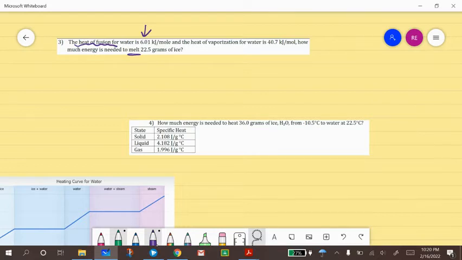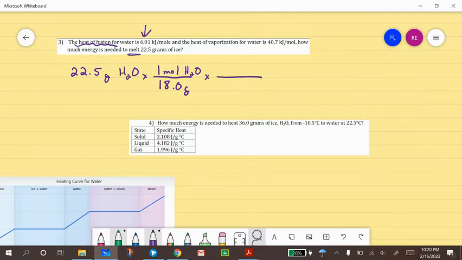Same thing, start with your mass and convert it to moles. So 22.5 grams of water, ice at this point, and the molar mass: 1 mole of water or ice has a mass of about 18 grams.